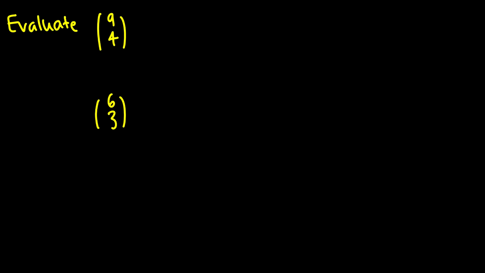Anyhow, let's do some quick practice with the formula here. So when we have 9 choose 4, we will get 9 factorial on the top, then we'll get k, which is 4 factorial, times 9 minus 4, which is 5 factorial.